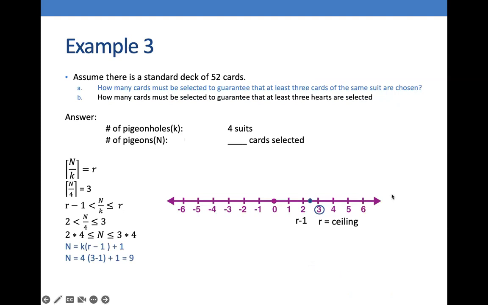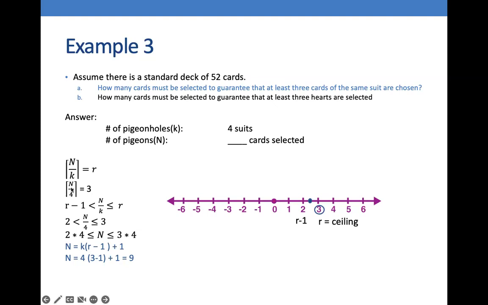Okay, so let's dive into the solution right away. So we have the formula of the pigeonhole principle, the ceiling of n over k equals r, and substituting the values, the number of pigeonholes that we have is 4, and the r is 3.